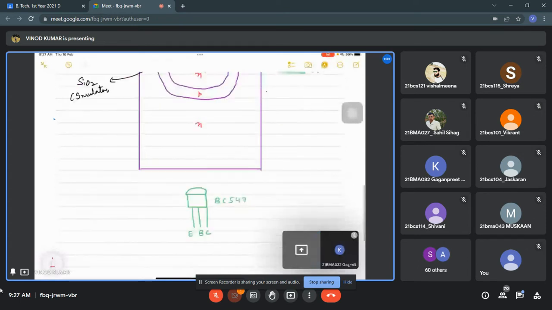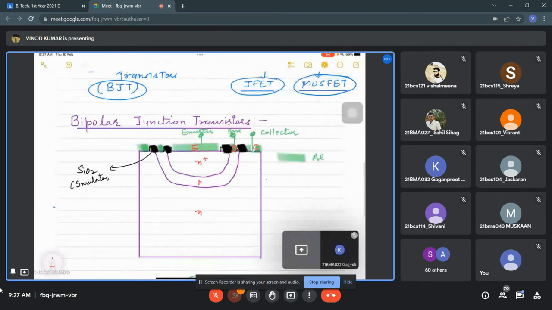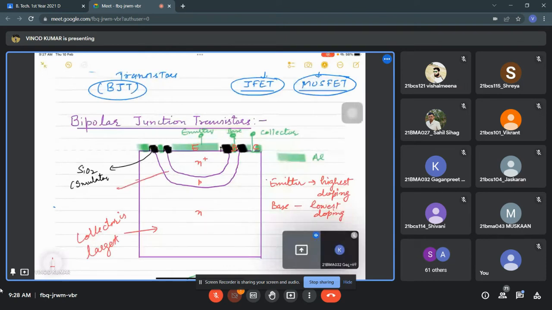So emitter is having the highest doping. If we talk about emitter here, highest doping, right? Base is lowest doping, right? From size point of view, say collector is largest, right? And base is smallest.